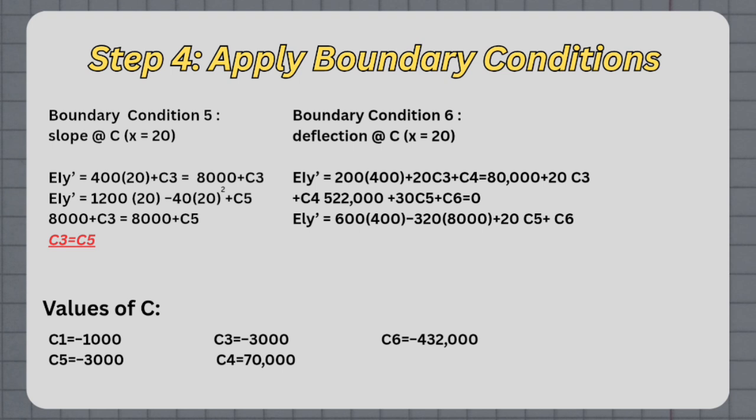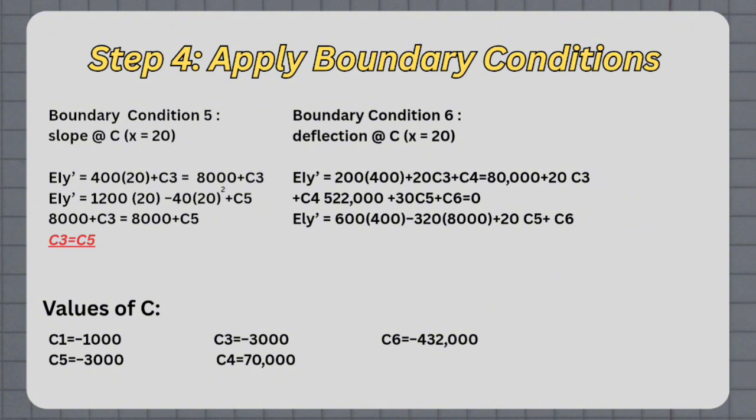If we substitute the value of x in our equation, we will get C3 is equal to C5. And last but not least, on boundary condition 6, deflection at C, x is also equal to 20. And it will give us 80,000 plus 20 C3 plus C4 is equal to 186,666.7 plus 20 C5 plus C6.